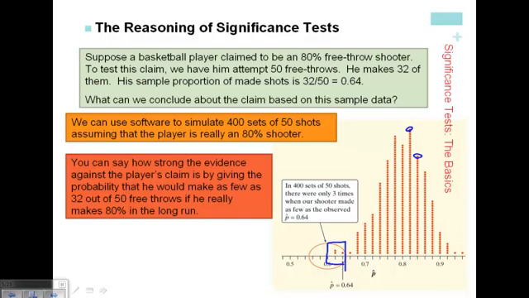My 64% shooting is really improbable, assuming I was an 80% shooter at the beginning of that calculation. If you assume I'm an 80% shooter, it's very unlikely to make only 32 shots out of 50. That unlikeliness is 3 out of 400, based on that evidence.